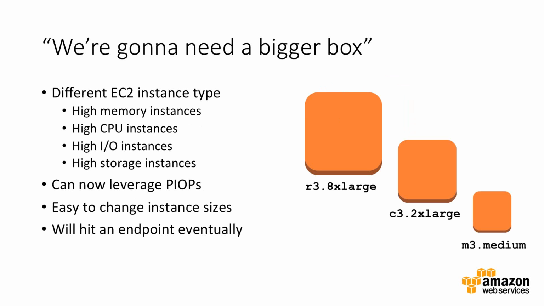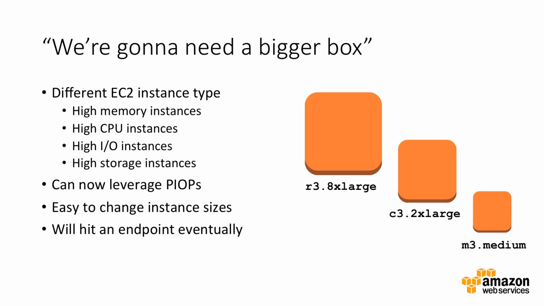So if you were to go down the path of vertical scaling, at some point in time, you're going to say, we're going to need a bigger box. But in saying that, though, scaling the one EC2 instance we have to a larger instance is one of the simplest approaches to start with. There are a lot of different AWS instance types to go with, depending upon your workload.